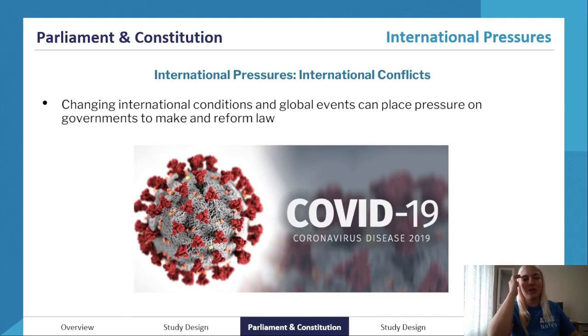And then lastly, international conflicts. So we said changing international conditions and global events can place pressure on governments to make and reform law. COVID-19 is a great example because so many different laws were constantly being made and changed in order to control COVID-19. And this is an international pressure as well, because by limiting the spread and the effects within the country, we also make sure that the international impact of COVID-19 is not as severe.